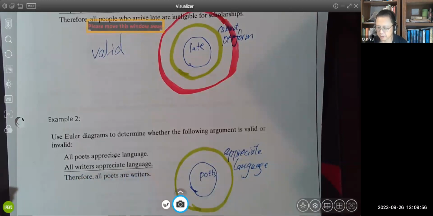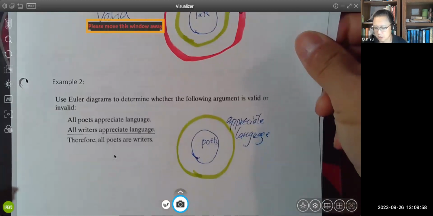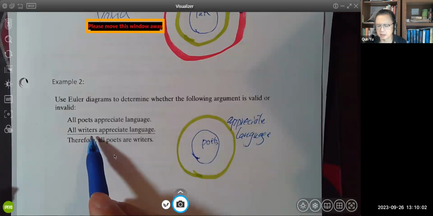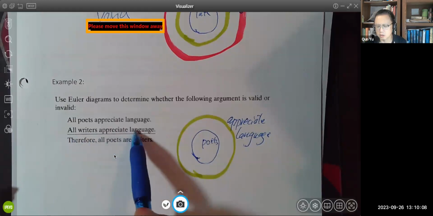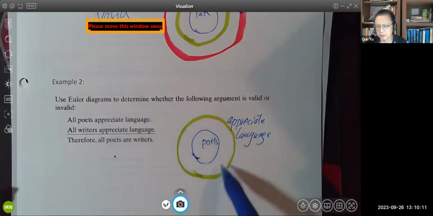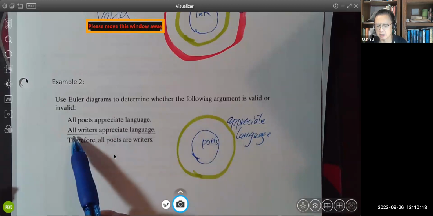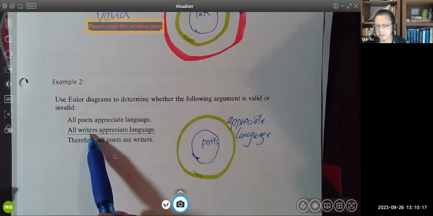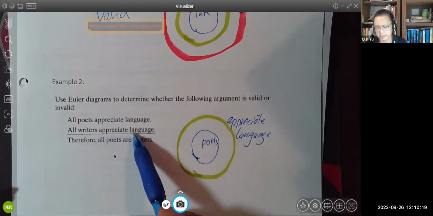Now pay attention, we have a little bit more complex situation here. We have a new circle that represents those writers. Since we have this green circle representing those who appreciate language, this new red circle is going to be entirely inside the green circle.